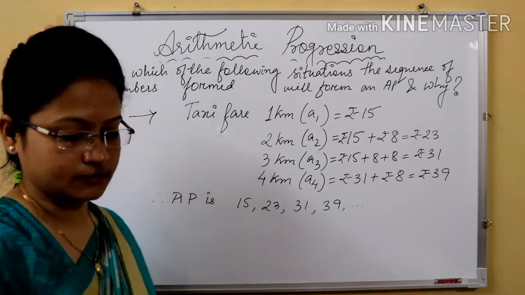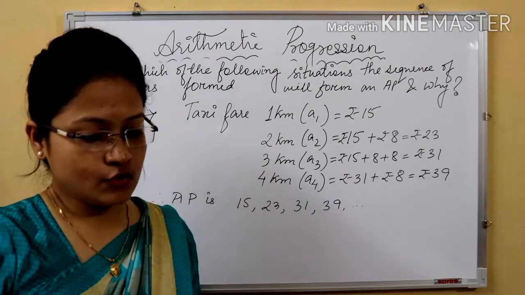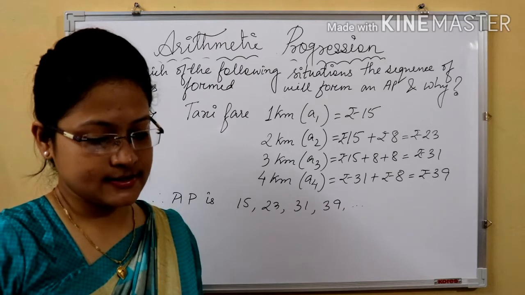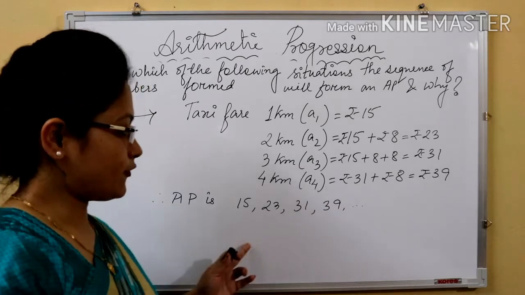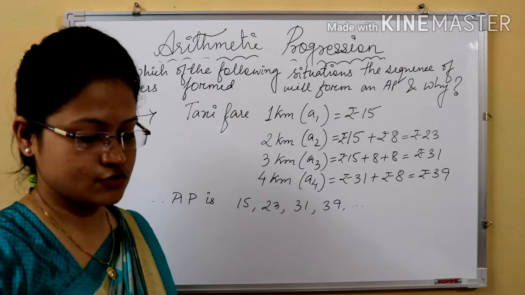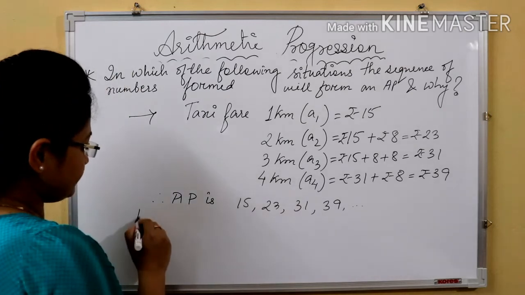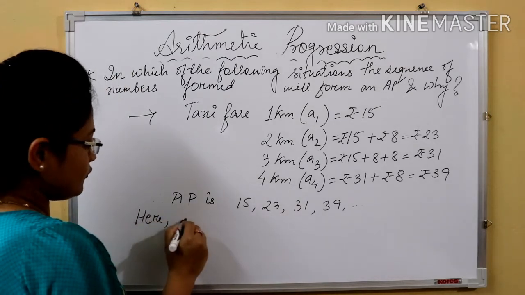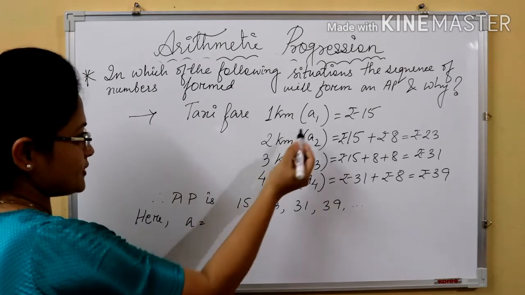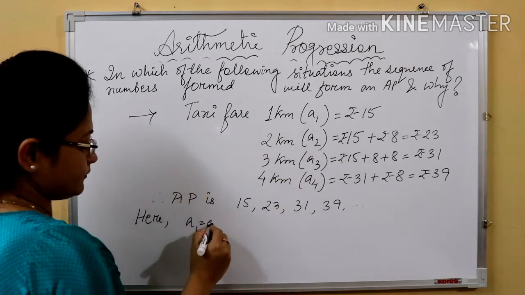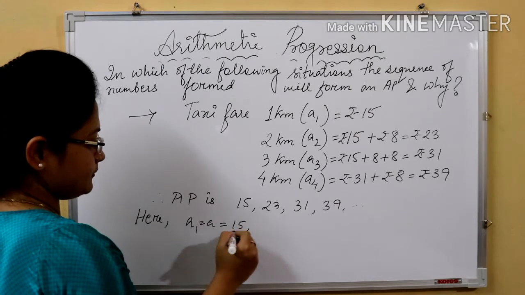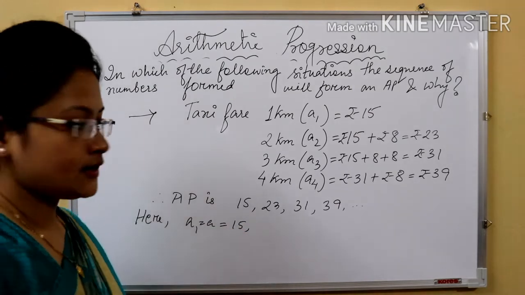39 and so on. And one more question is asked to us: if it forms an AP, why? We have to find out. So here we got A1, that is 15.